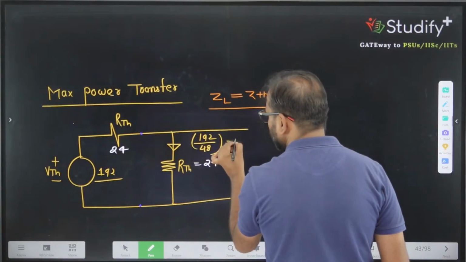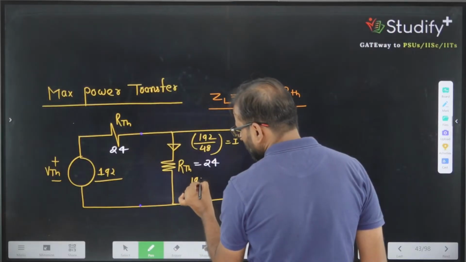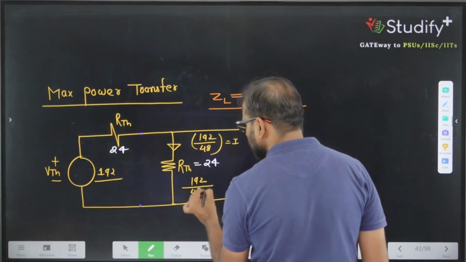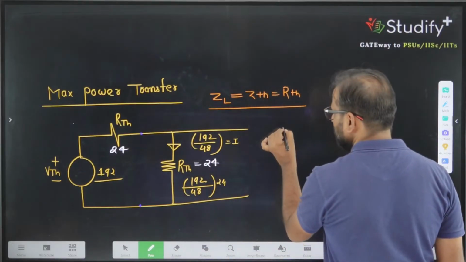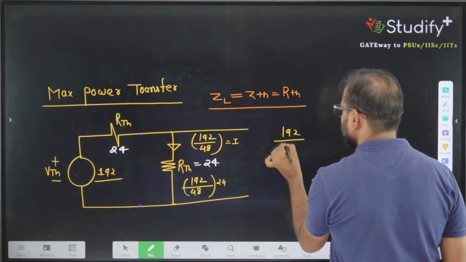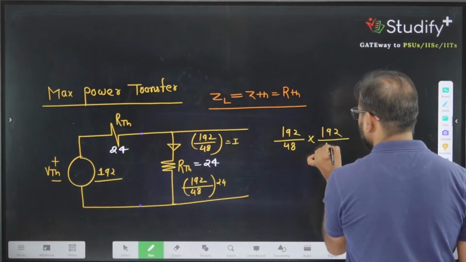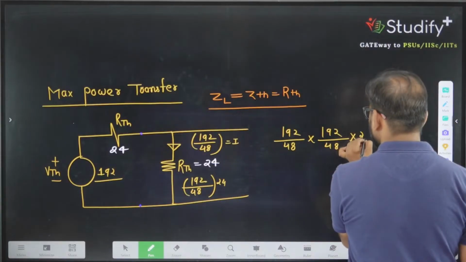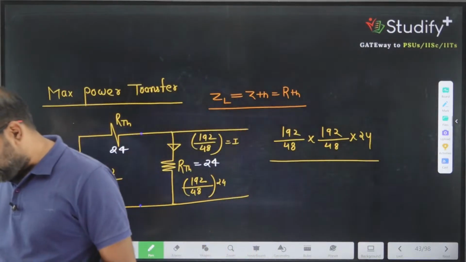This is the value of current. And the voltage across 24 is that current, 192 divided by 48, multiplied by 24. So 192 divided by 48 multiplied by 192 divided by 48 into 24. This product will give you the value of maximum power transfer.